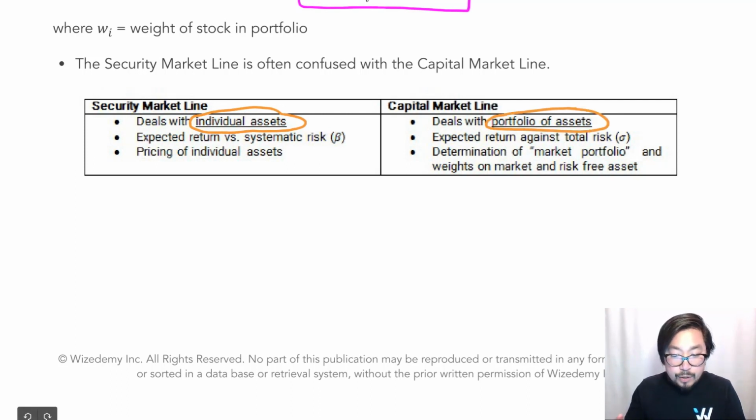Both SML and CML have expected return on the vertical axis, but the SML has beta, systematic risk, on the horizontal axis, while total risk, sigma, is on the horizontal axis for the CML. And finally, the SML is used for individual assets.